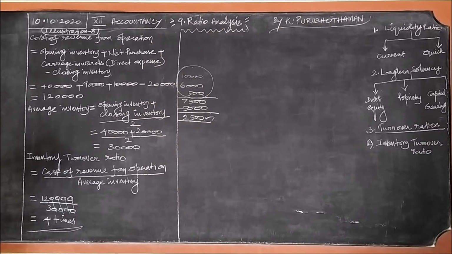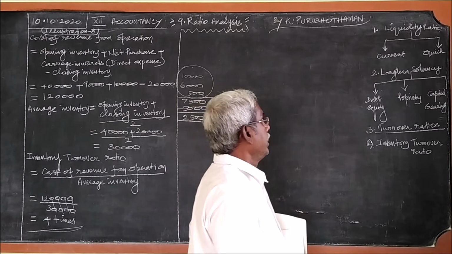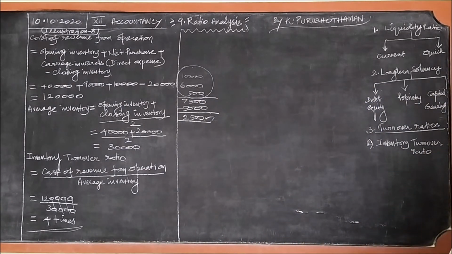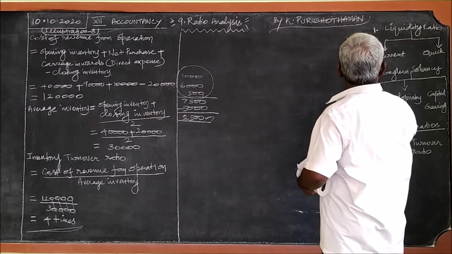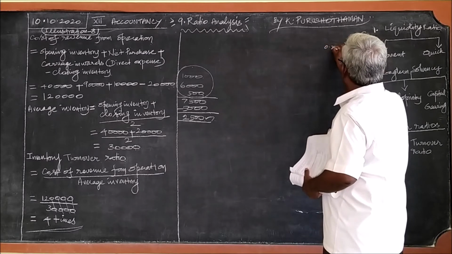You can find a major or main difference in writing the answer. In the first 2 ratios, of course, liquidity ratio and the long-term solvency ratio, you can find the answers in terms of ratio, that is 2 is to 1, 1 is to 1, 0.5 is to 1. Like this you can write. For these 2, how do you write the answer?